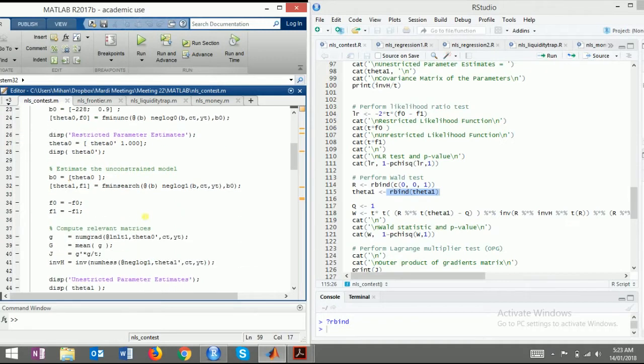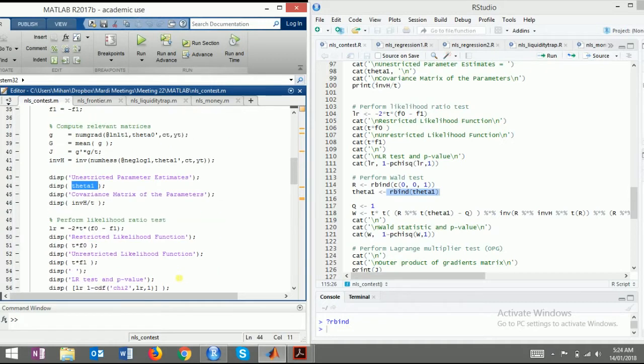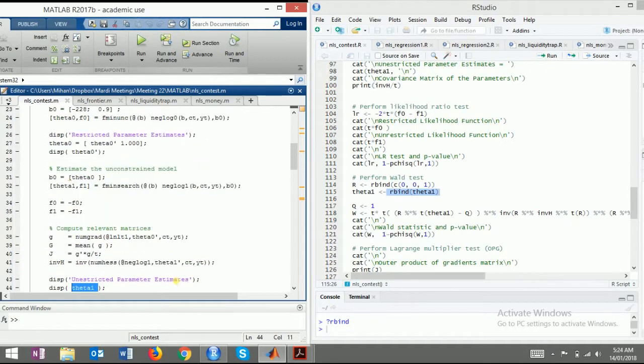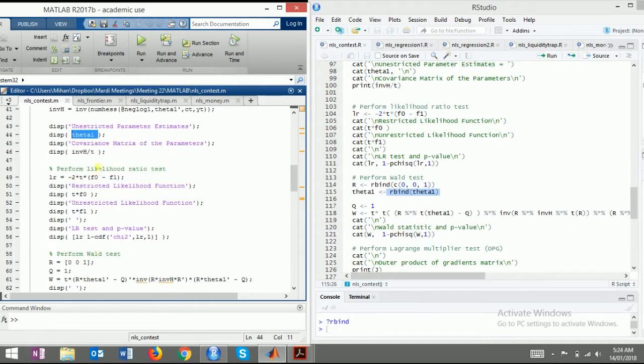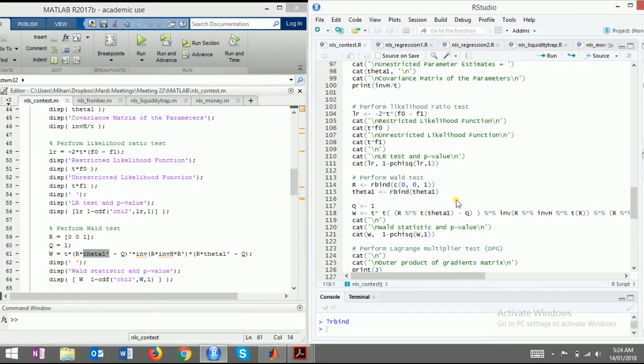Theta 1 was in columns. Theta 0 was also in columns, but they have been displayed in rows. So theta 1 is in columns. Now they are being transposed into rows so that we can multiply R and theta, so that the dimensionality issue doesn't become a problem. If there is any error, it will show, and you can just change the dimension, not a big deal.